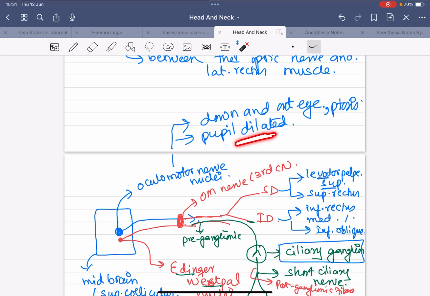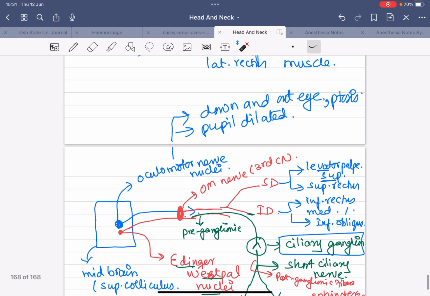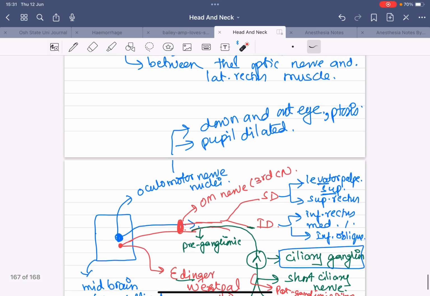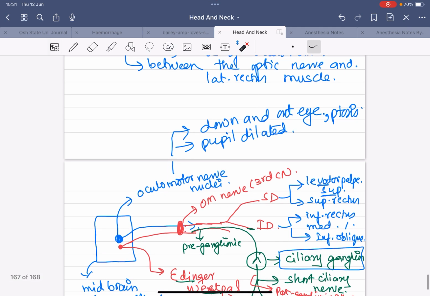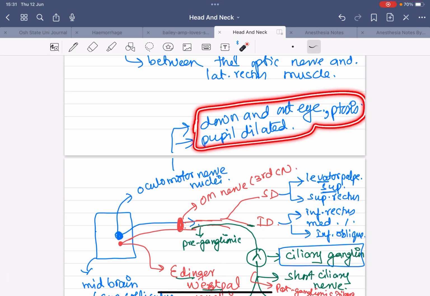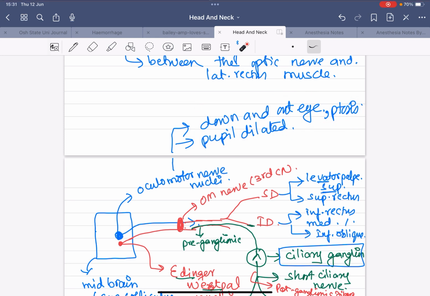The eye becomes downward and outwards because the third cranial nerve is not working, so the opposite 6th and 4th cranial nerves become more powerful. So the patient will come to you with ptosis, down and outward eyes, and dilated pupil if having a cranial nerve 3 lesion.